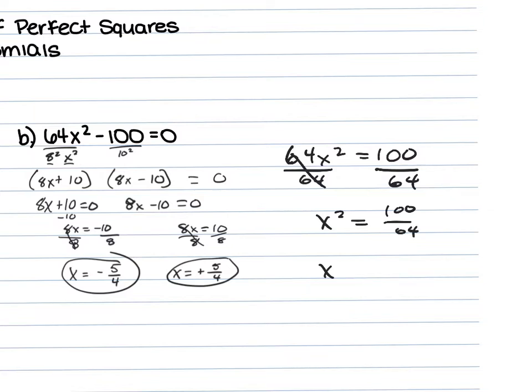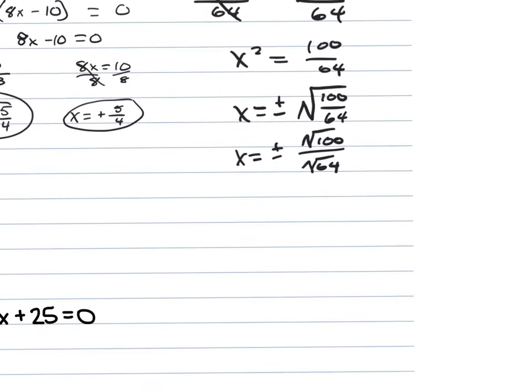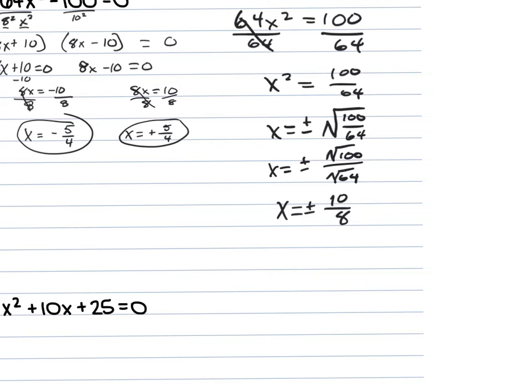Take the square root of both sides, and we get x is equal to plus or minus the square root of 100 over the square root of 64. Did I do something wrong here? You factored to 10. Oh, yeah, I was sitting there thinking this is going to come out to the wrong answer, but I still have to reduce it. This is going to be 10 over 8, which will then reduce to 5/4. So either way will get you there.